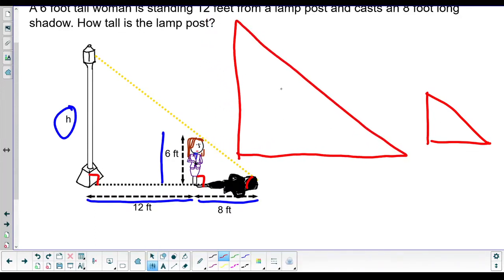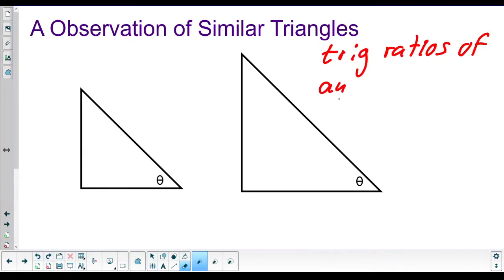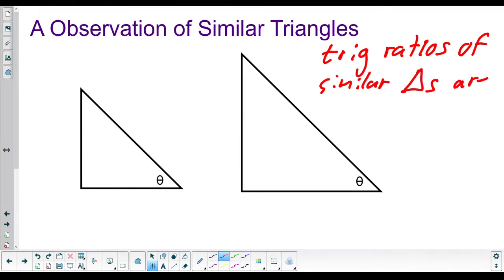Let's go ahead and label the sides of these 2 little triangles that we have. And we're going to use this fact that trig ratios of similar triangles are equal.